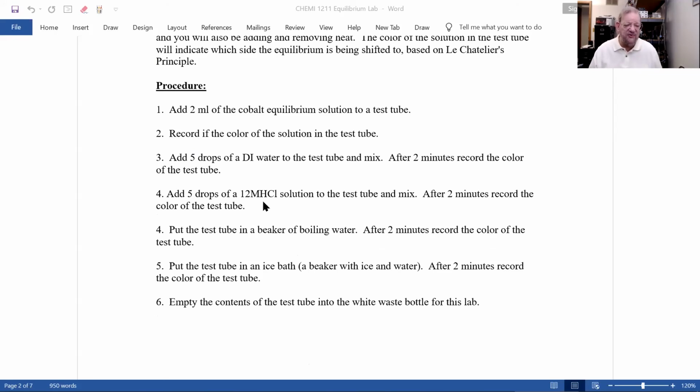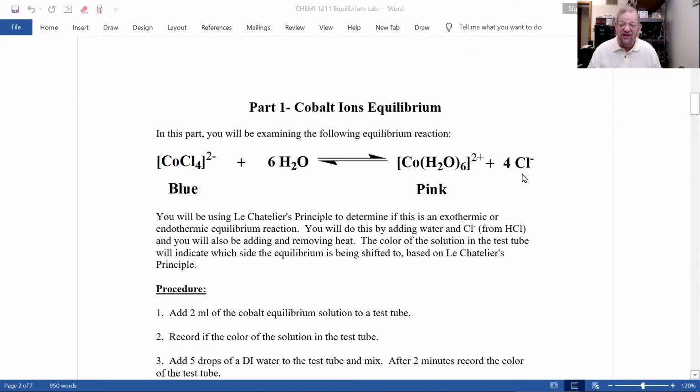In water, we'll learn in the next chapter, this dissociates to H plus and Cl minus. So by adding 5 drops of 12 molar HCl, which is very concentrated, you're really adding Cl minus. And when you add Cl minus, it should shift this way and go blue.